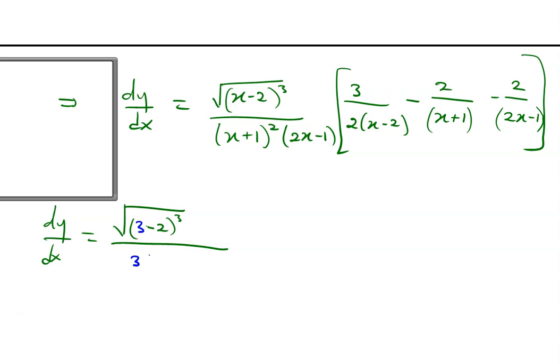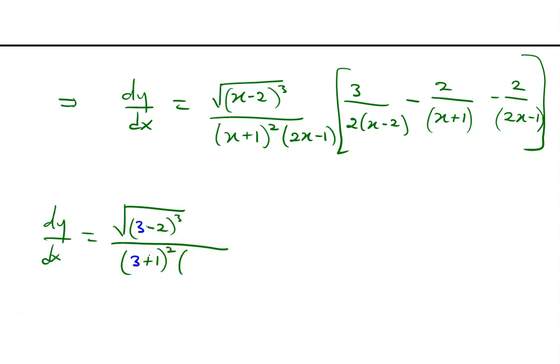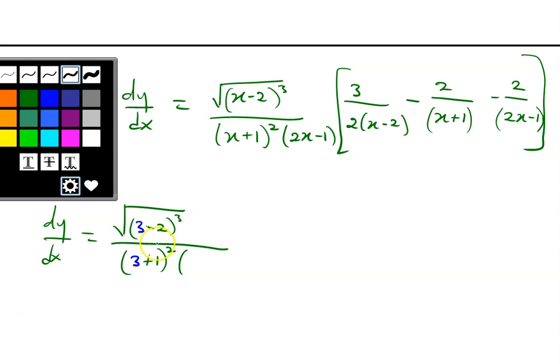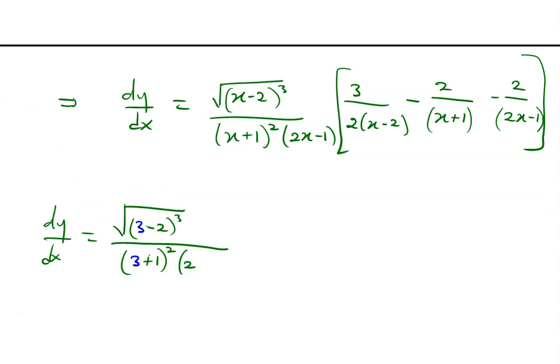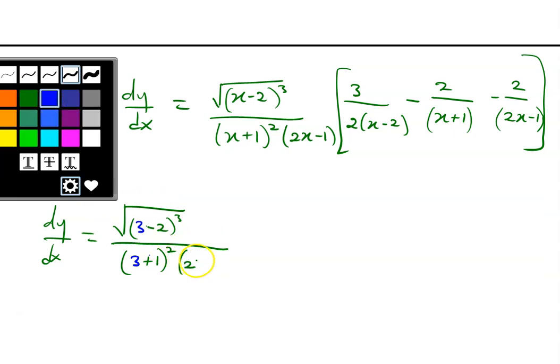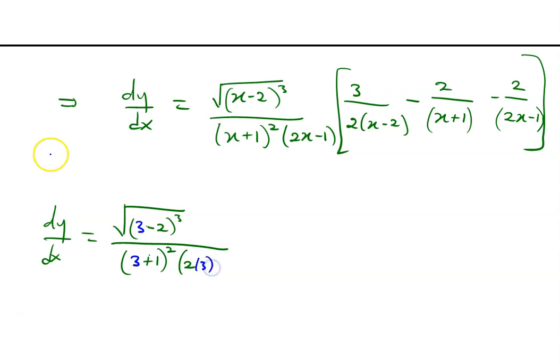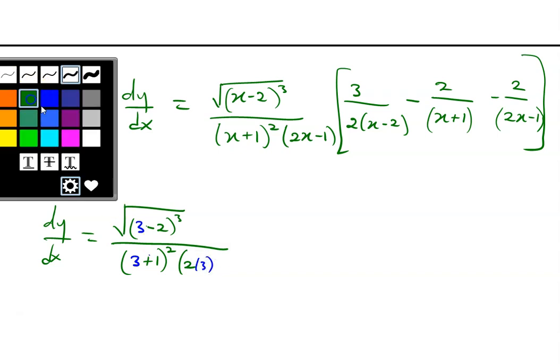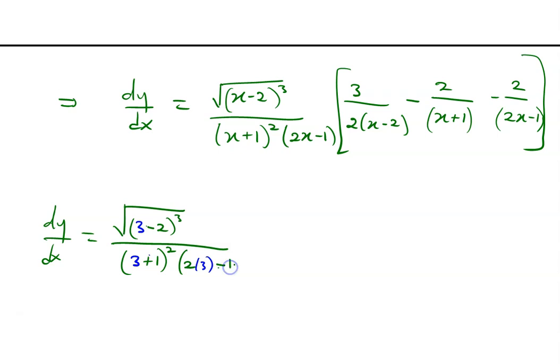So 3 plus 1 all squared, right? And we have 2 times 3 minus 1, right?